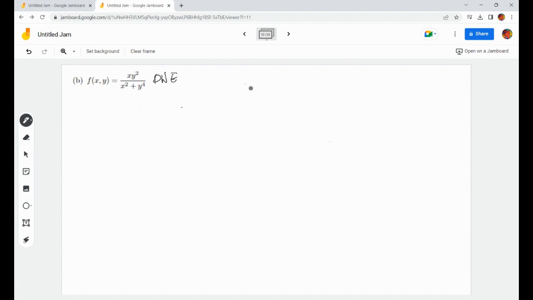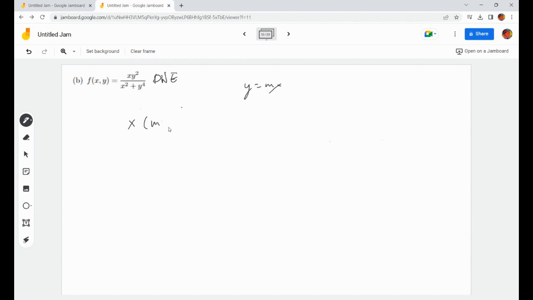Instead, we're going to do y equal mx. That sounds so much easier than the other way. And you can do x equal my too if you really want.